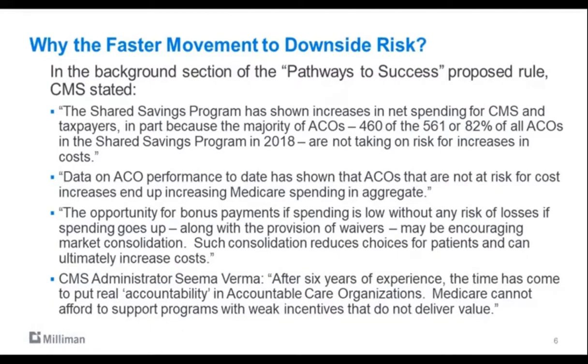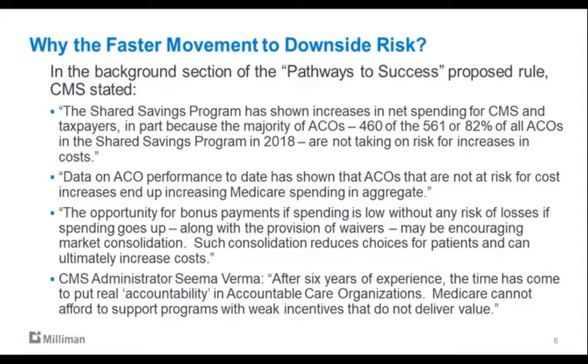Second quote from them: data on ACO performance to date has shown that ACOs that are not at risk for cost increases end up increasing Medicare spending in aggregate. Again, right from CMS. And the opportunity for bonus payments if spending is low without any risk of losses if spending goes up, along with providing waivers, may be encouraging market consolidation.